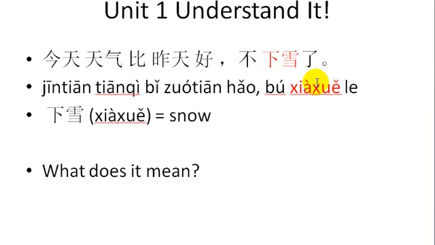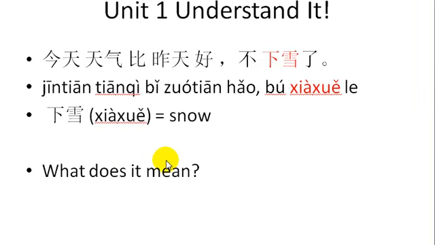You could just take out 下雪 and replace it with anything you want, and the meaning is going to be it's not doing something. For example, you've learned raining, 下雨. So you could say, 今天比昨天好，不下雨了. Okay.